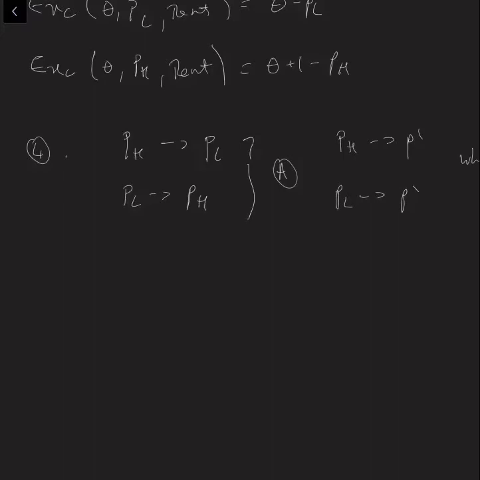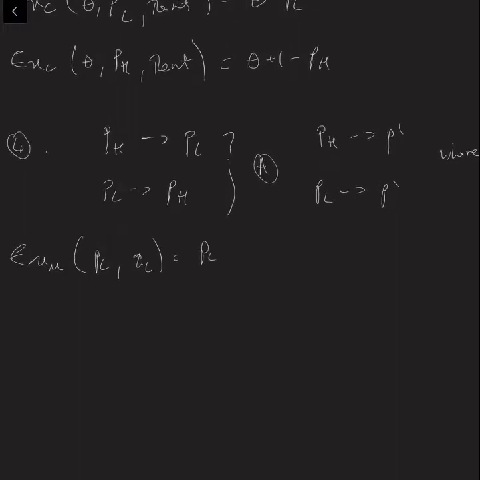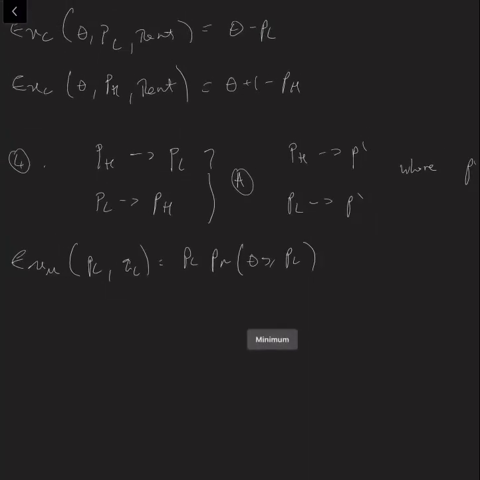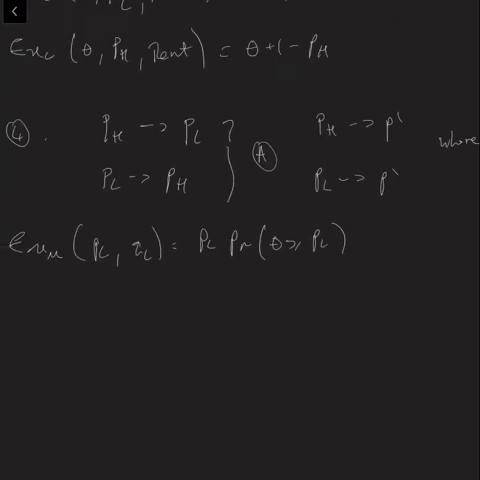Okay, so first, what does Monica get by posting the low quality flat at PL? Well, she gets PL times the probability that the customer accepts or rents, which is the probability that theta is greater than or equal to PL, as we saw from the strategy specification above. What about the corresponding off-path utility?